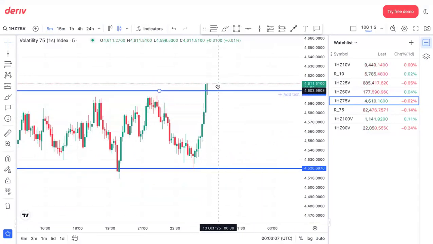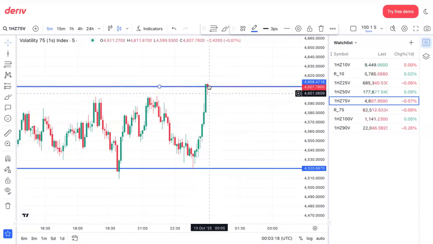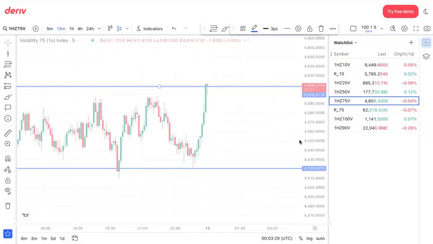If you decide to stay in this the whole night and not come out until it looks to come back down to the entry, or if it does decide to pull all the way up, you keep moving your stop loss up in profit. We're going to go over that in a bit. 75 1S to the buy, guys. You want to take this one.